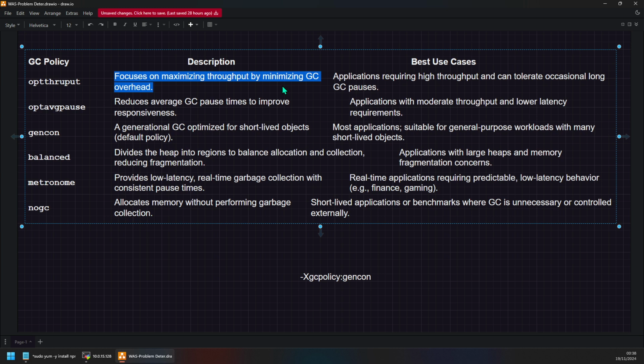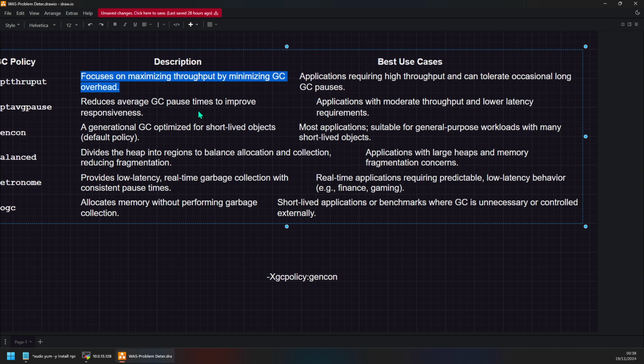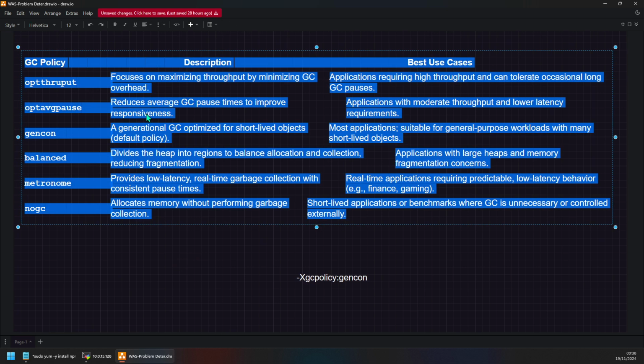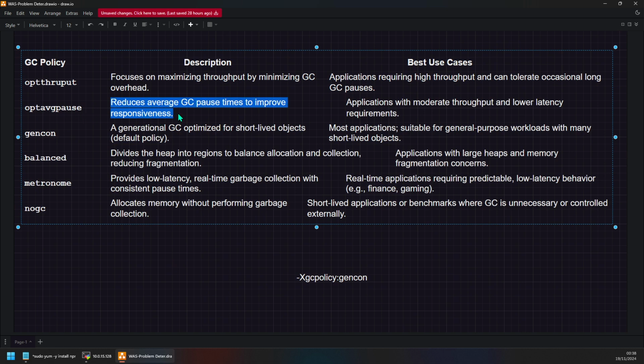That's why this one has good throughput and less responsiveness. But the average pause one runs a concurrent mark and sweep operation, which means it will give one thread for marking and one thread for sweeping, where this one will give you average pause time and average responsiveness.